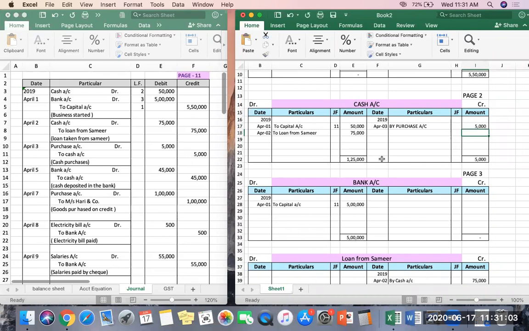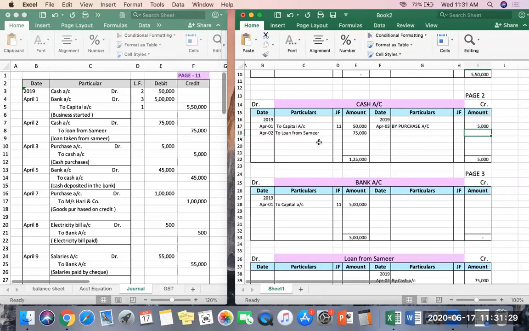Don't think that the entries will always be on one side. There are certain accounts in which most of the time the entries will be on one side, but you might have entries on both sides, because in the case of cash, you receive cash and in the same way you pay also. So remember the real account rule of debit and credit. Debit what comes in. When capital was invested, you got the money; the business has received the money.